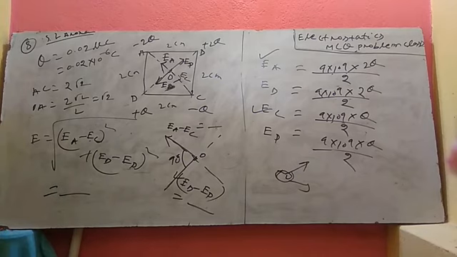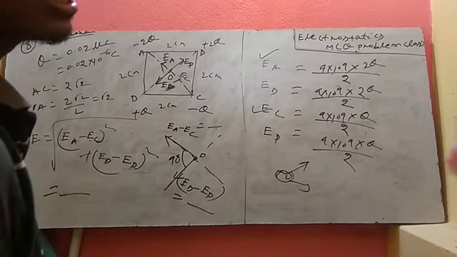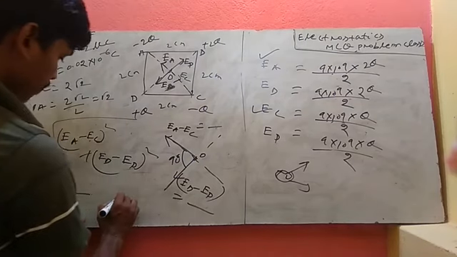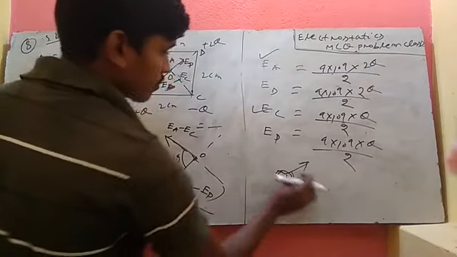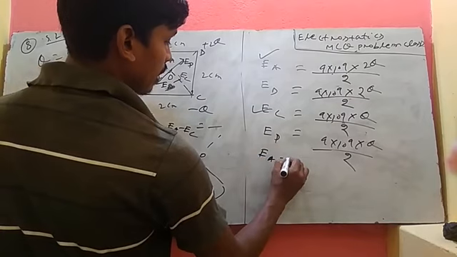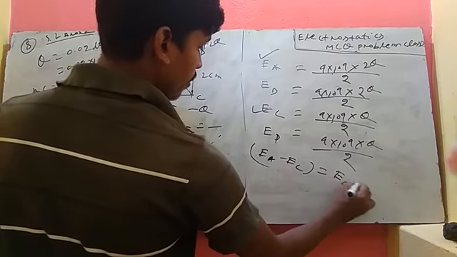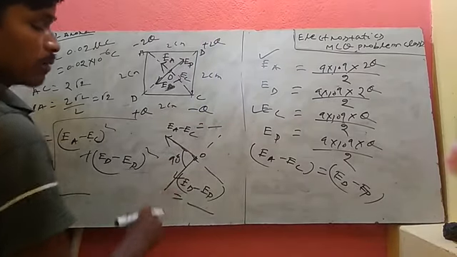But what is the direction of the net electric field? Here EA minus EC is equal to EB minus ED, so these components are perfectly equal.